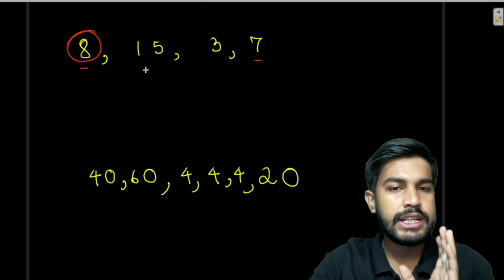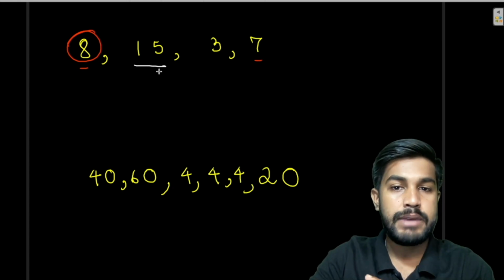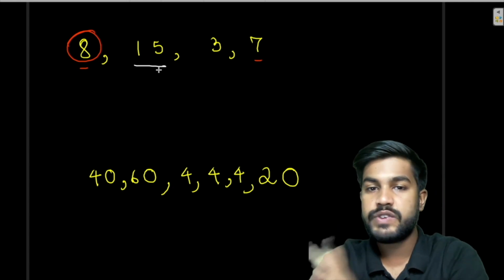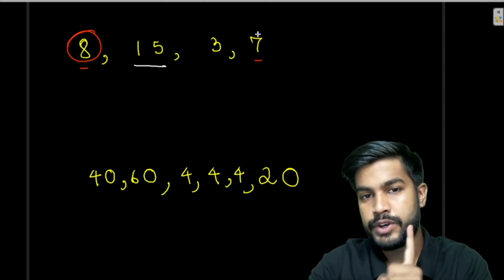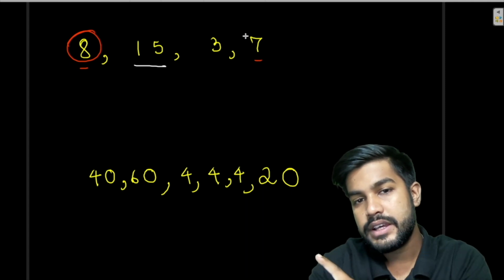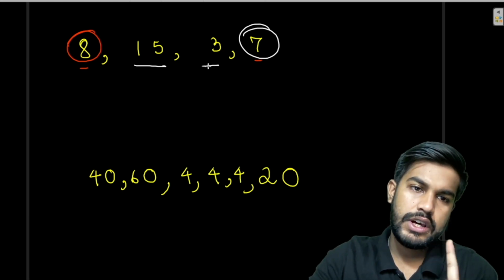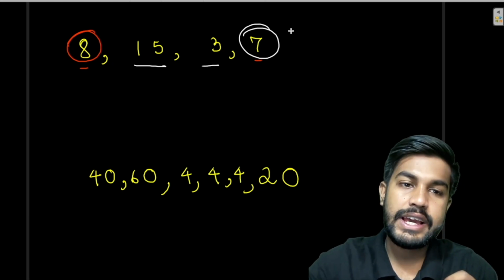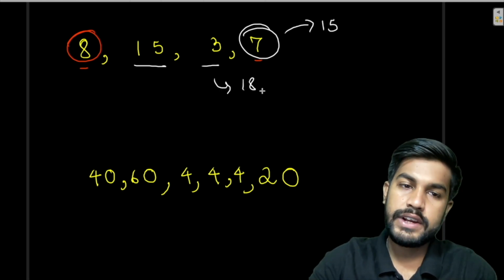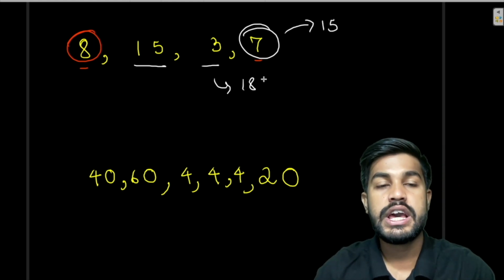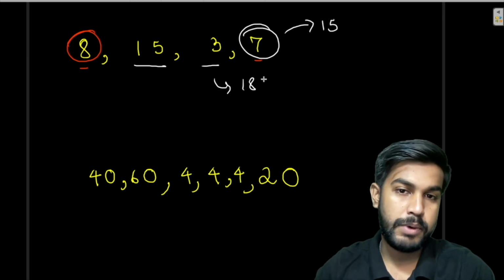He would also take the largest element possible, so he would take this 15. Then I am left with 3 as well as 7. So the first person would take the largest element, that is 7, and then the next person would be left with 3. So 8 plus 7 is 15 and 15 plus 3 is 18. So even if we follow this greedy approach, where from the front and back I always take the larger element, this is not possible.